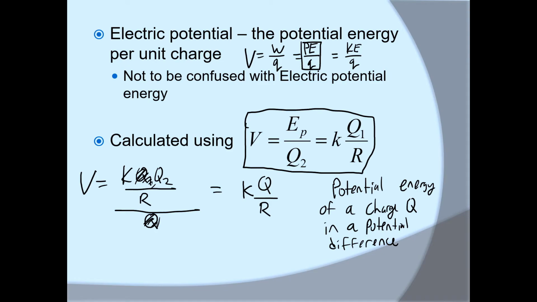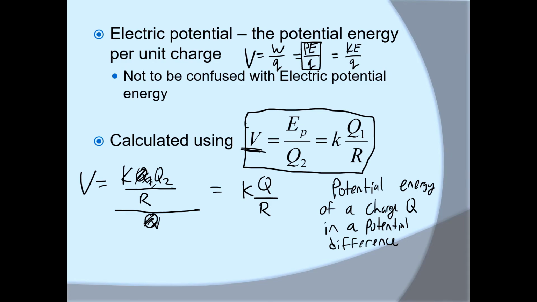So this is why the questions you can use this equation for will always be basically if I have a charge sitting in a potential or in an electric field, how much potential energy does it have? We can use this equation if I know the voltage.